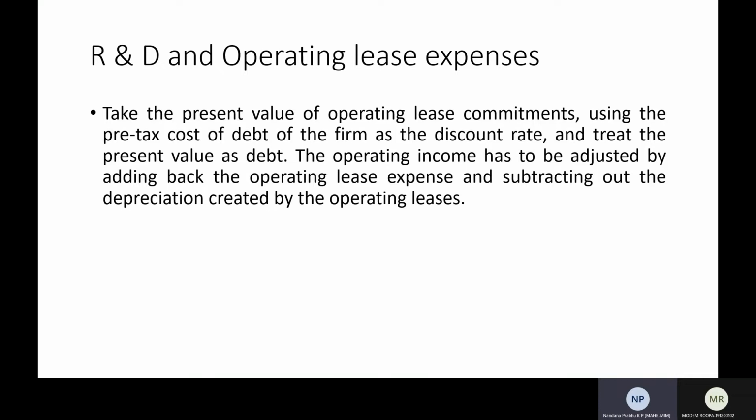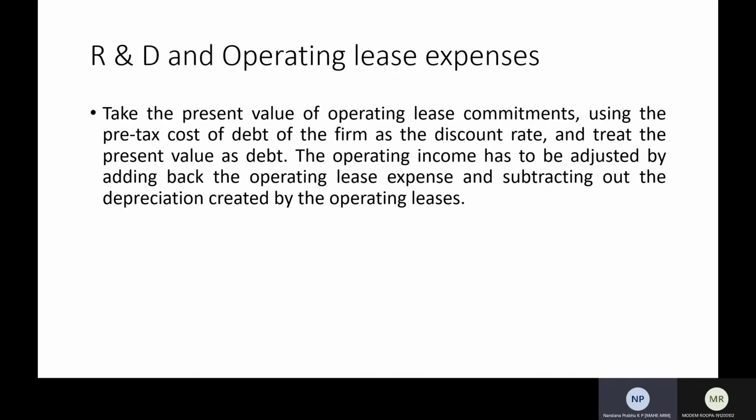So we are converting operating lease commitment as debt. The operating income has to be adjusted by adding back the operating lease expense and subtracting out the depreciation created by the operating leases. Let us see how our valuation models, the corresponding Excel templates, do this work.